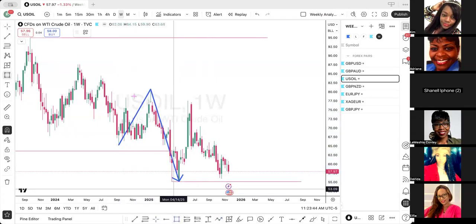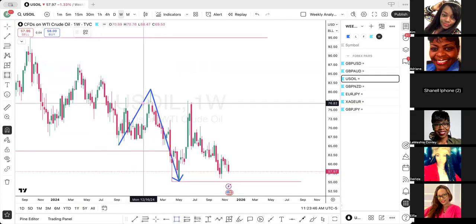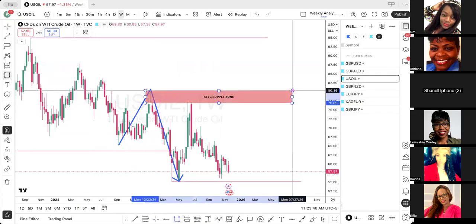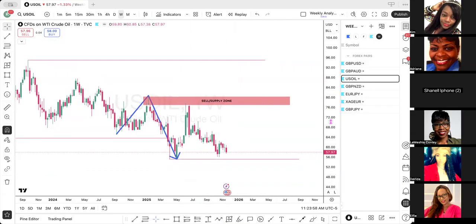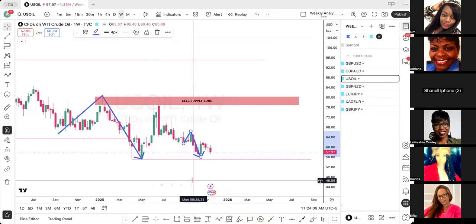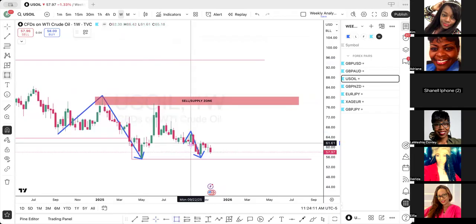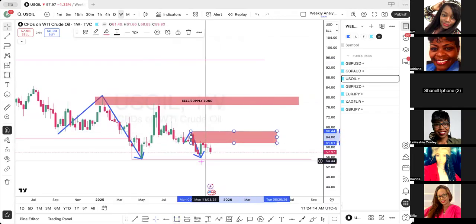So price tapped into a supply zone and sold. So we're looking for price to continue selling at least to wick or close below this low, which makes now the current move structure right here. So let me mark that up as my current structure, which got tapped into.